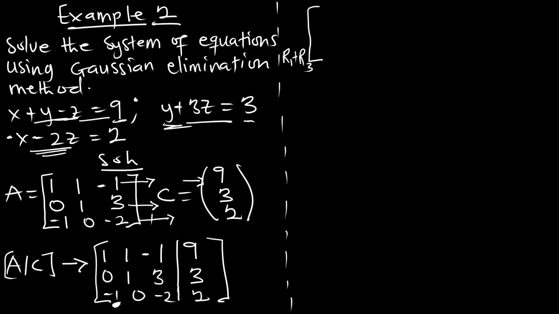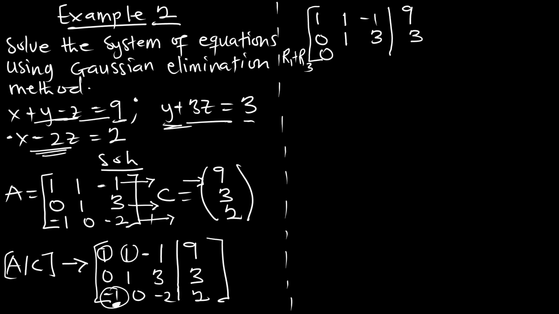So my first operation is going to happen on row 3, which is going to be row 1 plus row 3. Meaning row 1 is going to be the same, 1, 1, negative 1 by 9. Row 2 will be 0, 1, 3 by 3. For row 3, this is 1 plus negative 1. That will be 0.